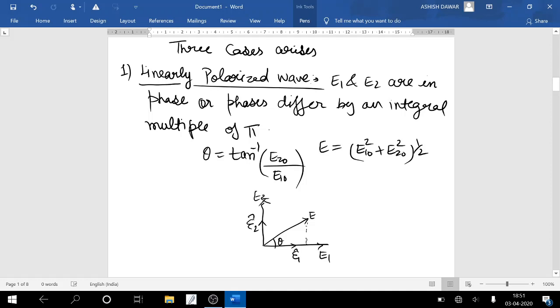Okay, so this is the electric field of a linearly polarized wave. Okay, so this is our first case, the linearly polarized wave.